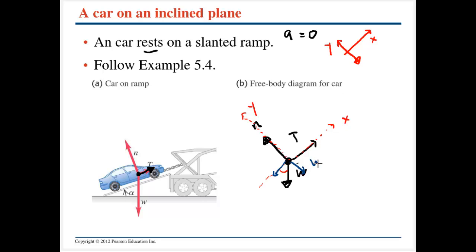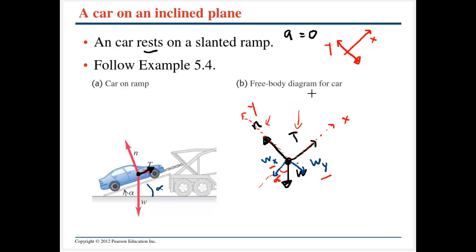So here I would have my weight in the y direction, and here I would have my weight in the x direction, where that's some angle. Oops, that's also equal to that angle right there. The reason why we might do something like that is simply because we only have to break one object into components rather than having to break that one up and that one up. It just makes our life a little bit easier.